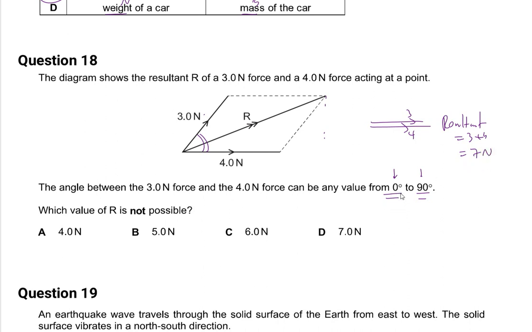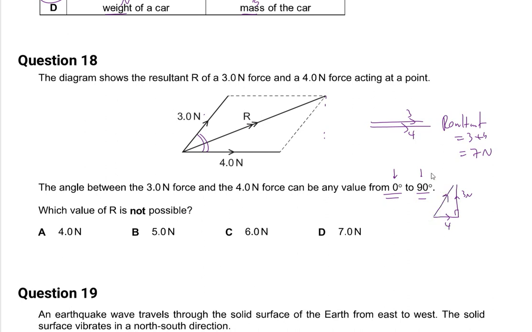Now when the angle is at 90 degrees, it's going to be like this. So this is 3, and this is 4. So let me just do it this way, so this will make it easy. So when the angle is 90 degrees, this is 3, this is 4, and this is going to be the resultant force in this case.